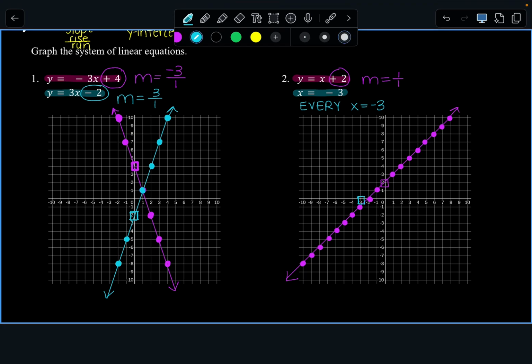And if every x is negative 3, that would be here and here and here and so on. This shows every x value being negative 3. So when x equals a number, that's actually going to be a vertical line.